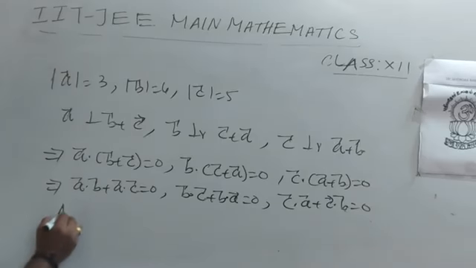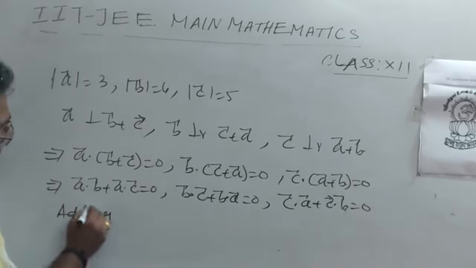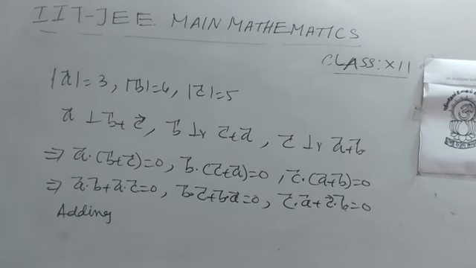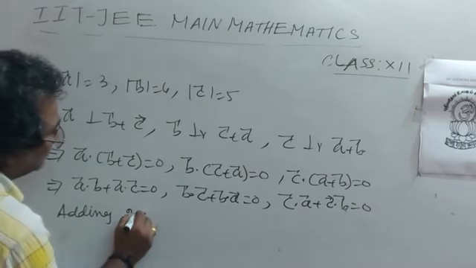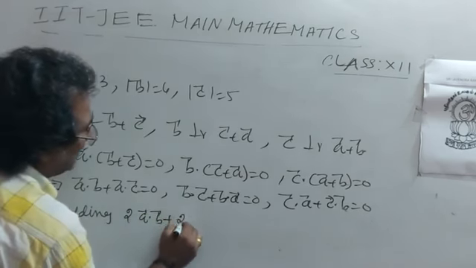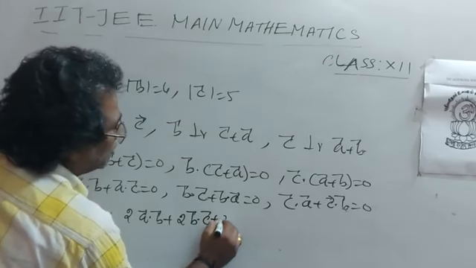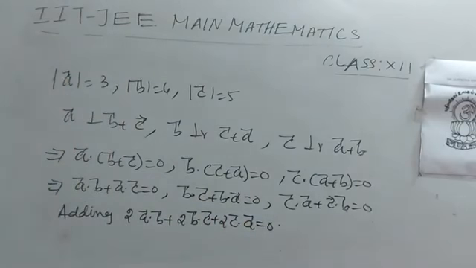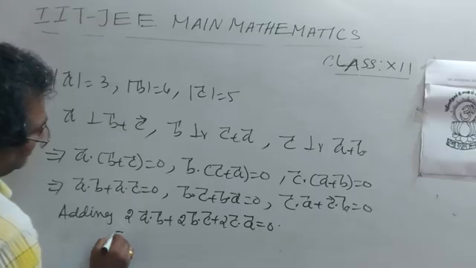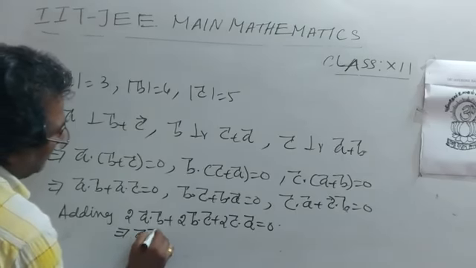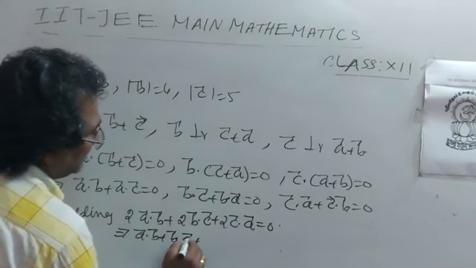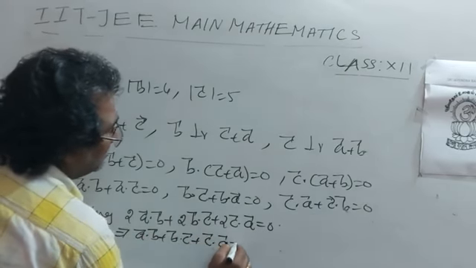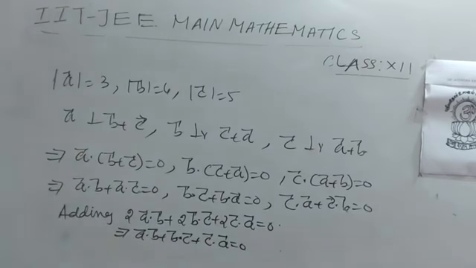Adding, twice a dot b plus twice b dot c plus twice c dot a equals 0, which implies a dot b plus b dot c plus c dot a equals 0.